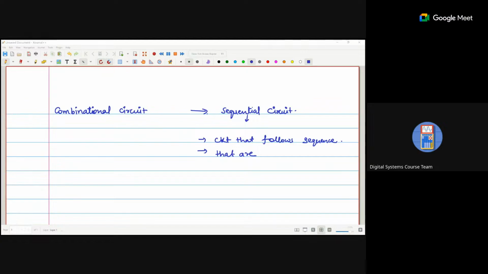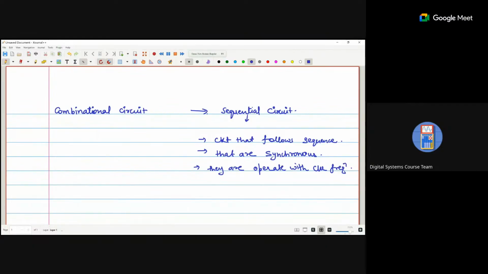So basically, the circuits that are synchronous. Synchronous means they operate with clock frequency. Okay, they operate with the clock frequency.